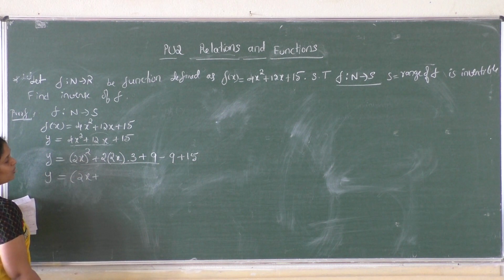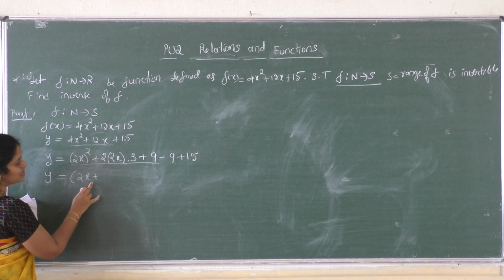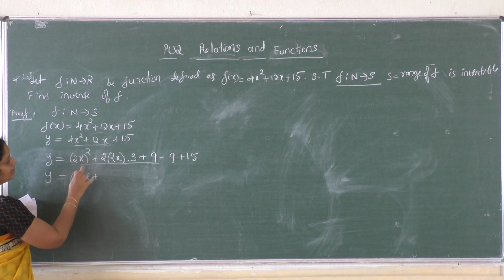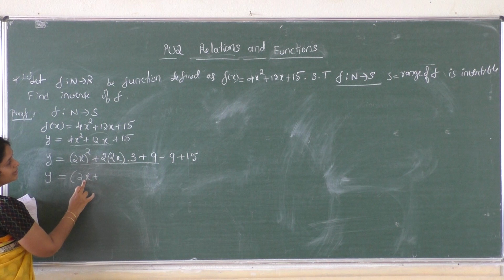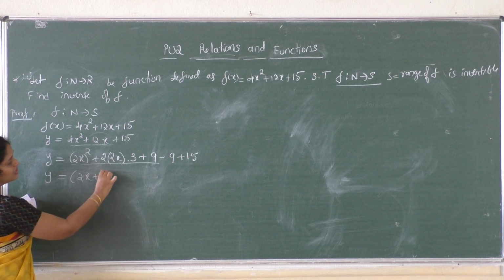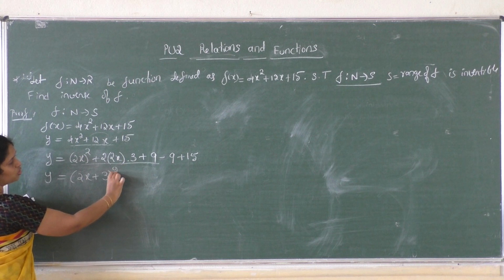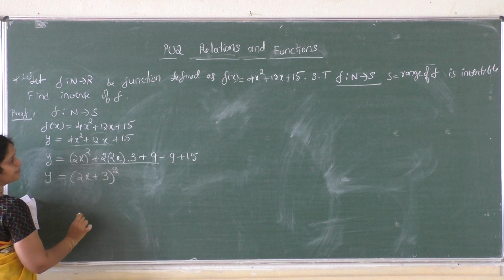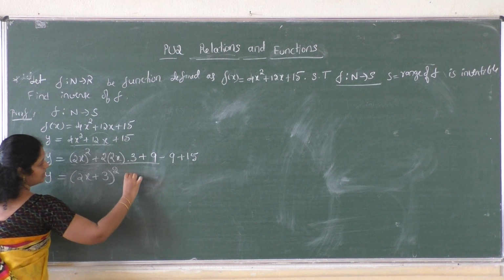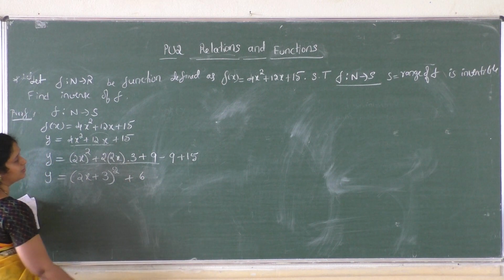A is 2x, and b is 3, so y equal to 2x plus 3 whole square plus 6, that is 15 minus 9.